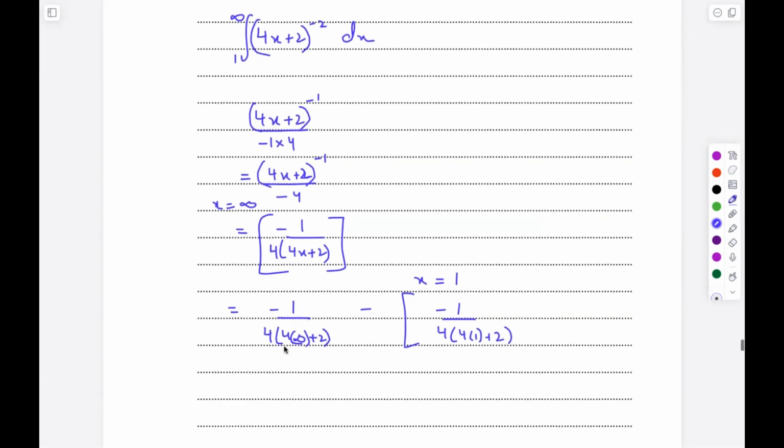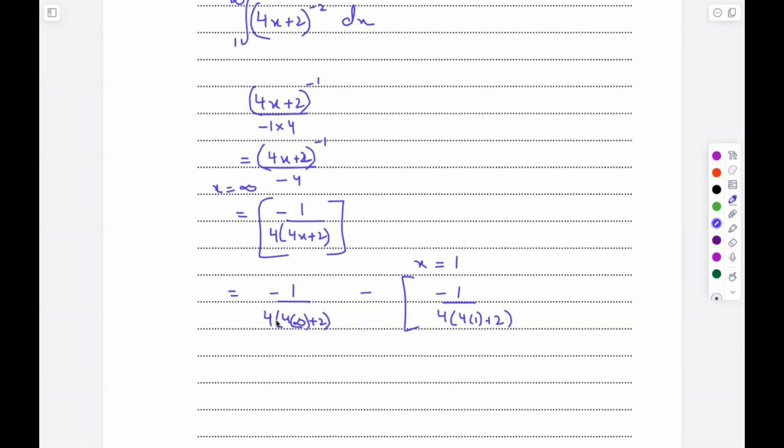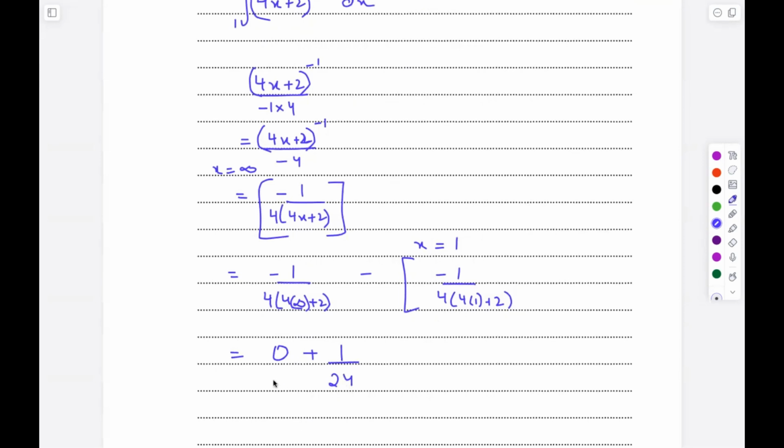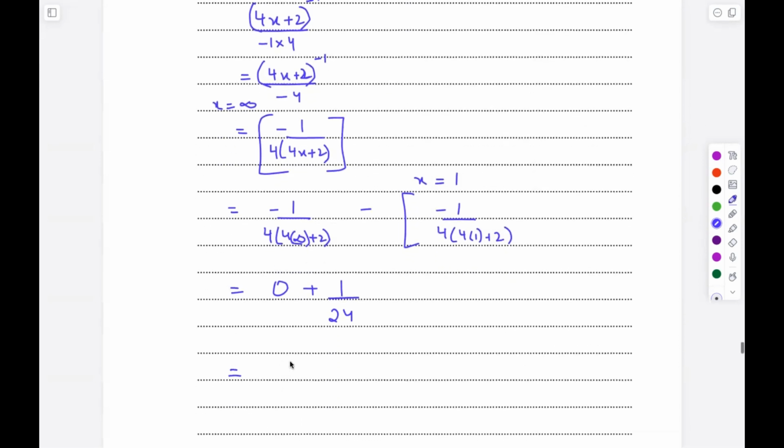So 4 into infinity will be infinity, and 1 divided by infinity will be 0. So that will become 0 plus 1 upon 4 plus 2, which is 6. 6 times 4 is 24. So this will be 0 plus 1 upon 24. So the final answer will be 1 upon 24.